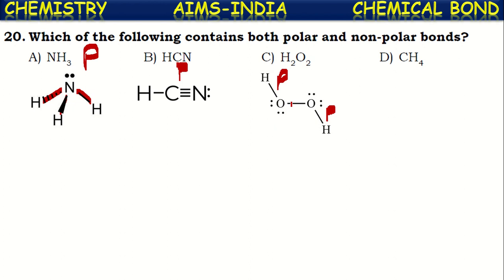But if you observe the bond between oxygen and oxygen, both atoms have the same electronegativity because they are the same atoms. So the bond will be a non-polar covalent bond. In that way, this molecule has a non-polar covalent bond as well as polar bonds. Right? This is a molecule.